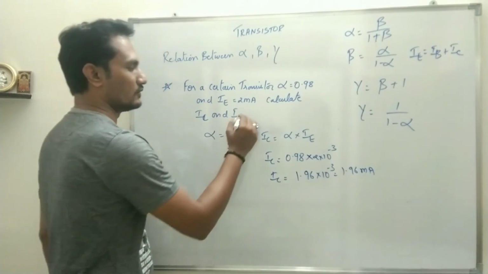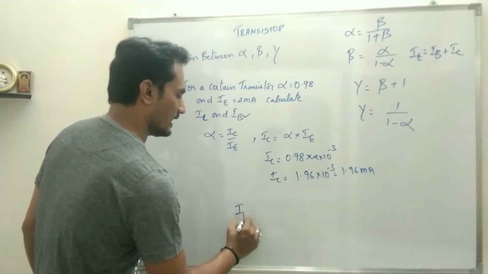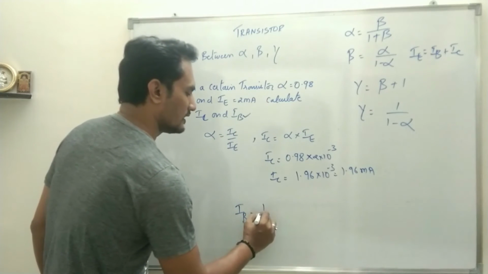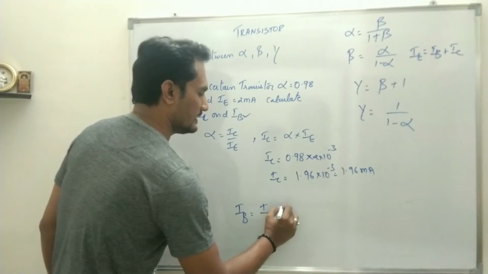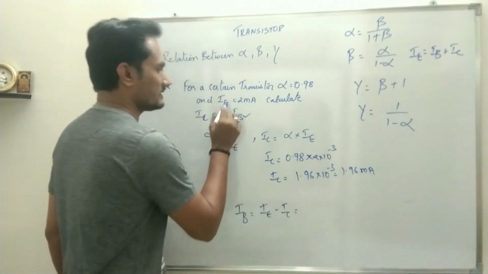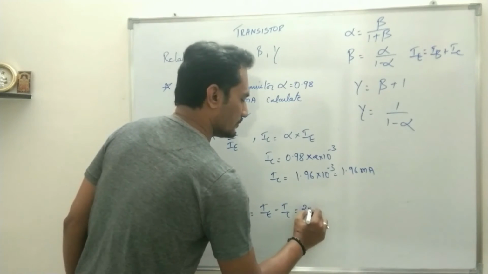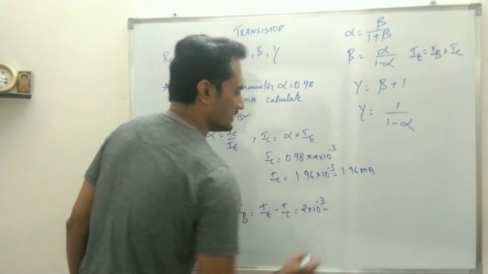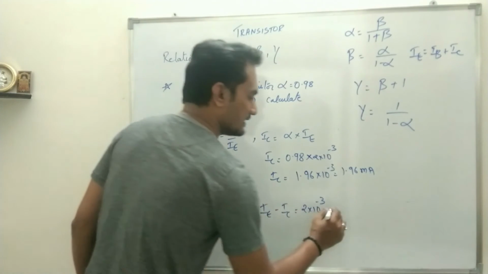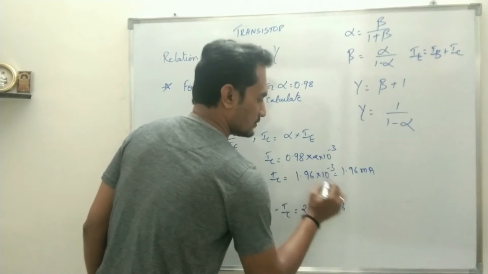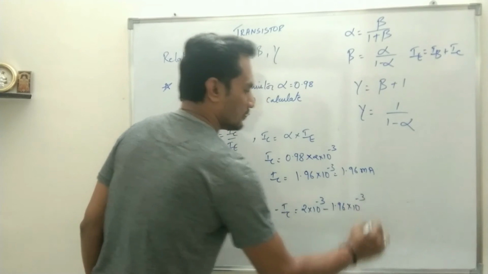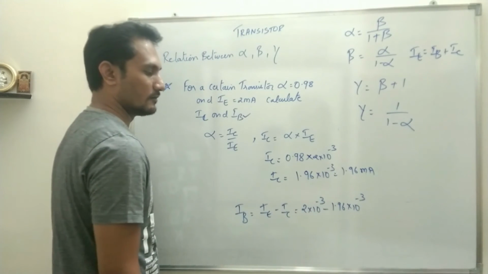Okay, so once you get the value of IC and we know the value of IE, from that equation we can easily calculate the value of IB. So IB is equal to IE minus IC. And what is IE? It is 2 milliampere, 2 into 10 to the power minus 3, minus the value of IC, which we have calculated now, 1.96 into 10 to the power minus 3.